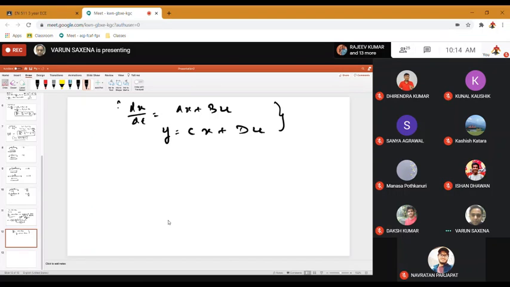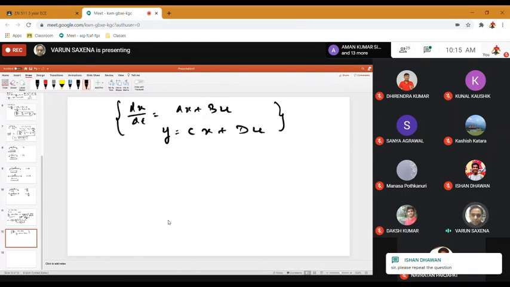Try to do that. How will that block diagram look? Can anybody give an idea?